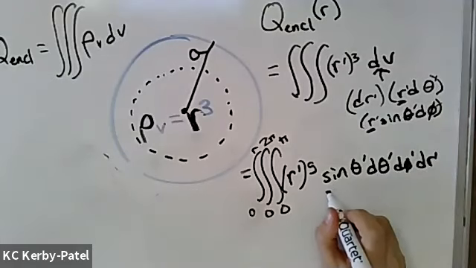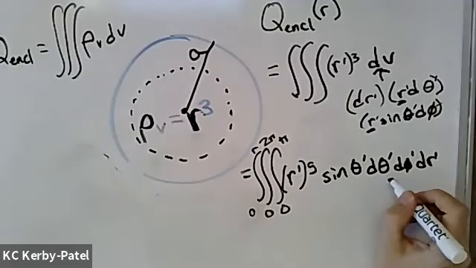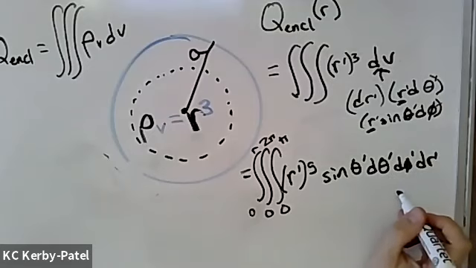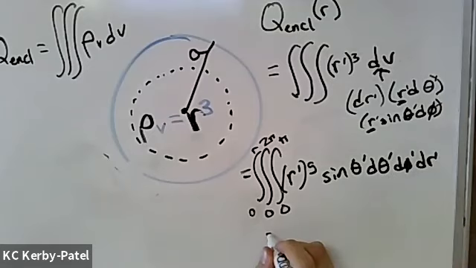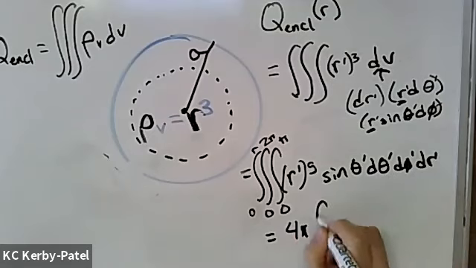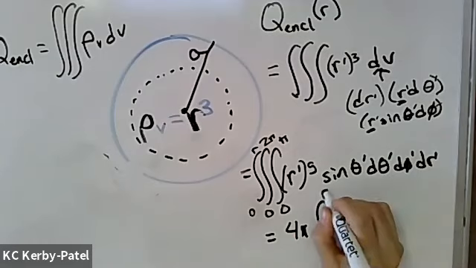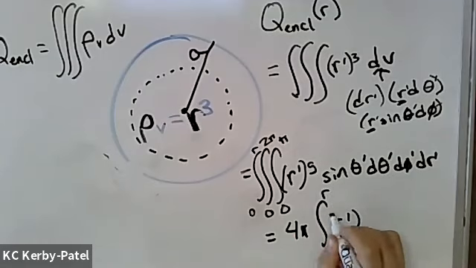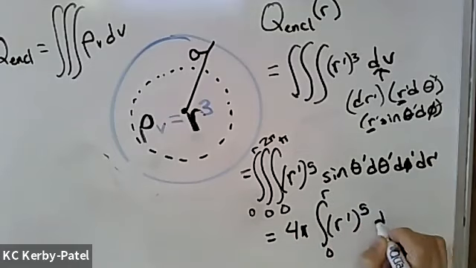Now we've evaluated this integral of sine theta d phi multiple times. That gets you a factor of 4 pi. So that's 4 pi times the integral from 0 to r of r prime to the fifth dr prime.